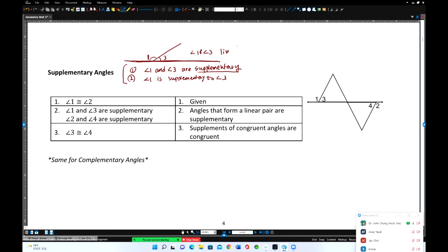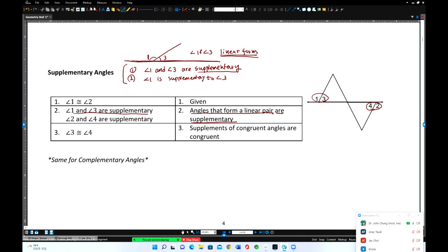Now, angle 1 and angle 3 are supplementary. Angle 2 and angle 4 are supplementary. You have to memorize this. Angles that form a linear pair are supplementary.